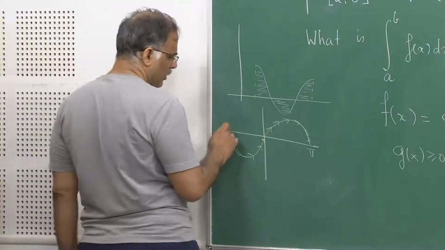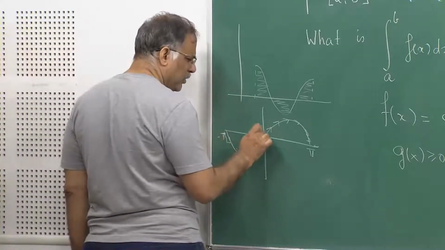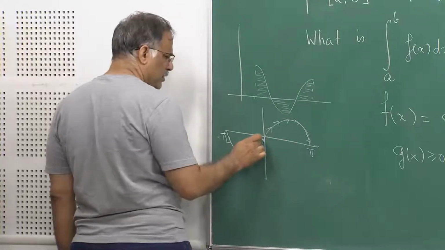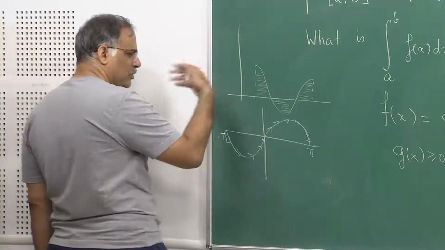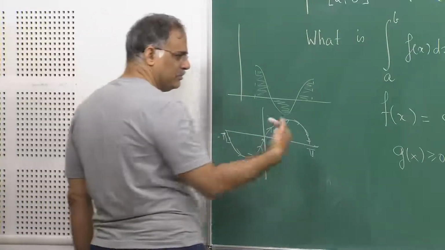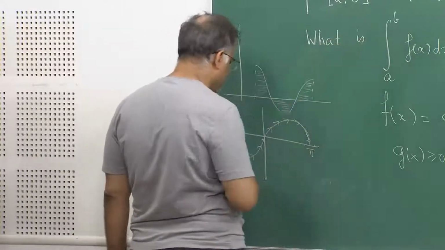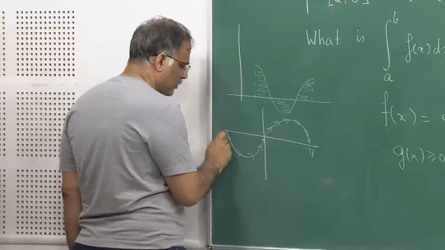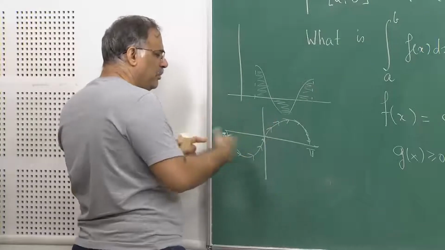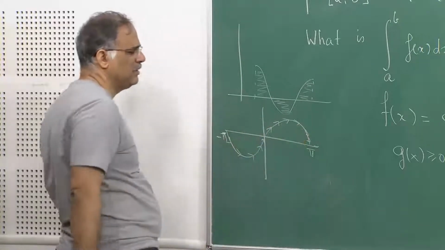So I can actually break it from minus pi to 0 and 0 to pi, but from 0 to pi again, that negativeness would come the way that has been defined. And then when you add the two negative things, they will cancel.